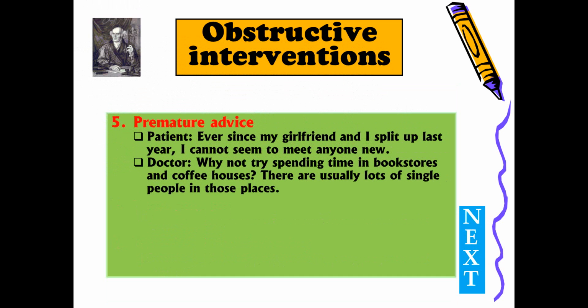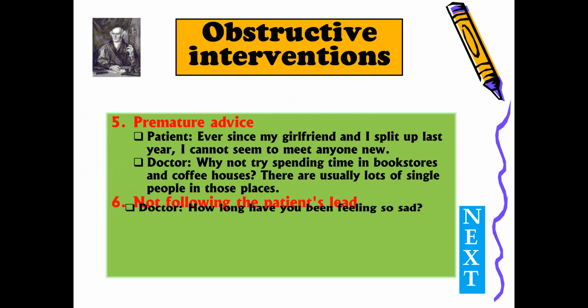The patient says, ever since my girlfriend and I split up last year, I cannot seem to meet anyone new. Doctor says, why not try spending time in bookstores and coffee houses? There are usually a lot of single people in these places. So this is uncalled for advice which should not be given, premature advice.